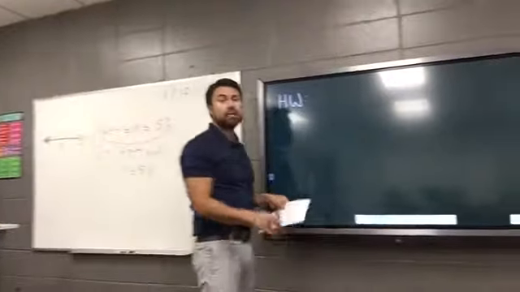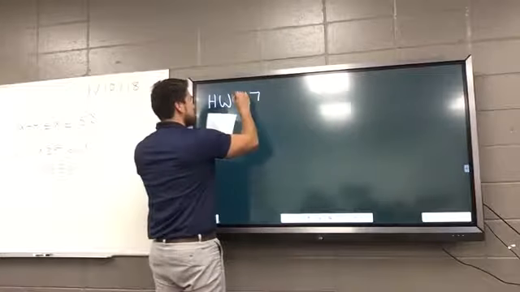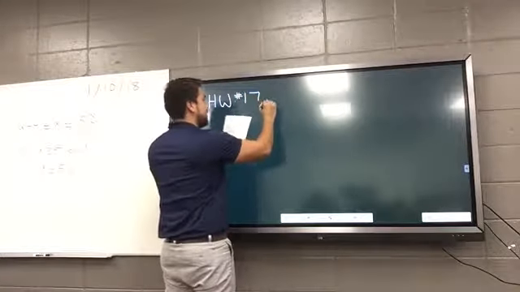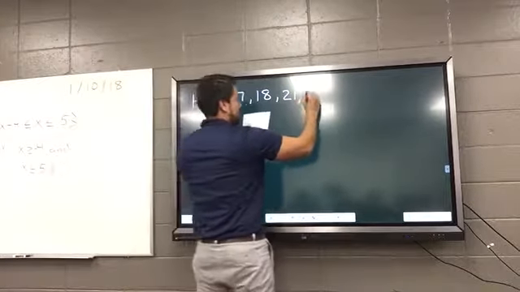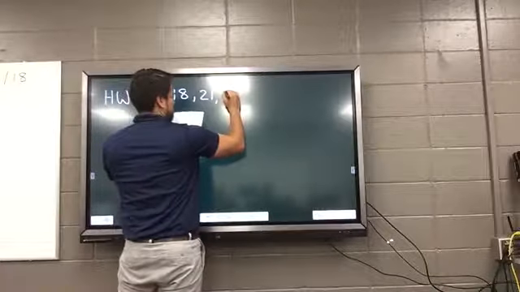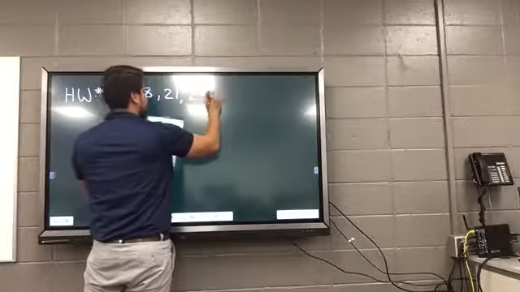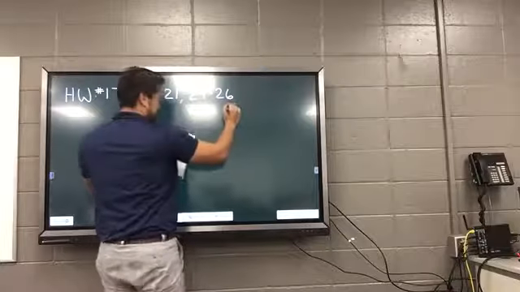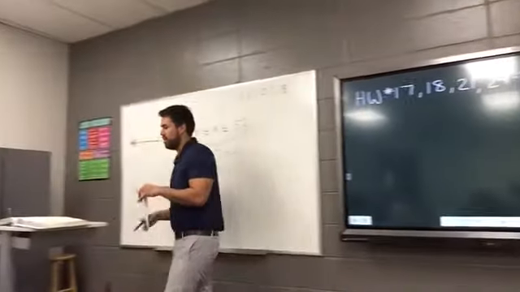Okay, so these, and I wrote the homework a little bit weird because I had to pick and choose which ones I wanted you to do. 17, 18, 21, 24 through 26, and then 29. Yes, that's strange because I had to pick the ones I wanted you to work on.